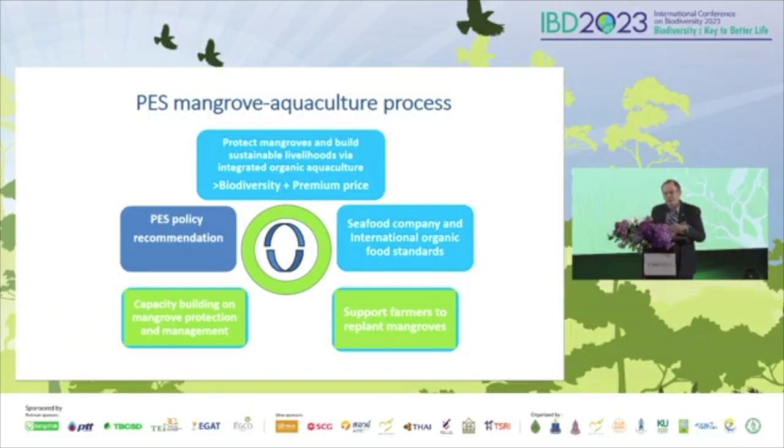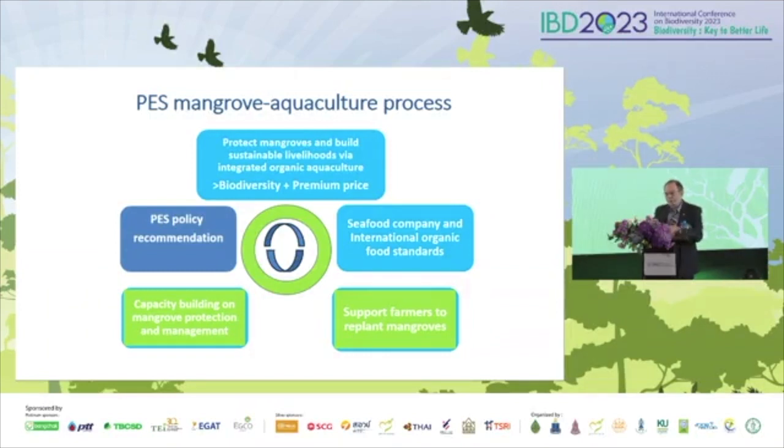And in addition to a higher price for organic shrimp, the farmers were also paid for planting the mangrove, and they received an annual payment based on each hectare of mangrove that they were helping to maintain. So all in all, this was the financial incentive that was generated by this PES model.